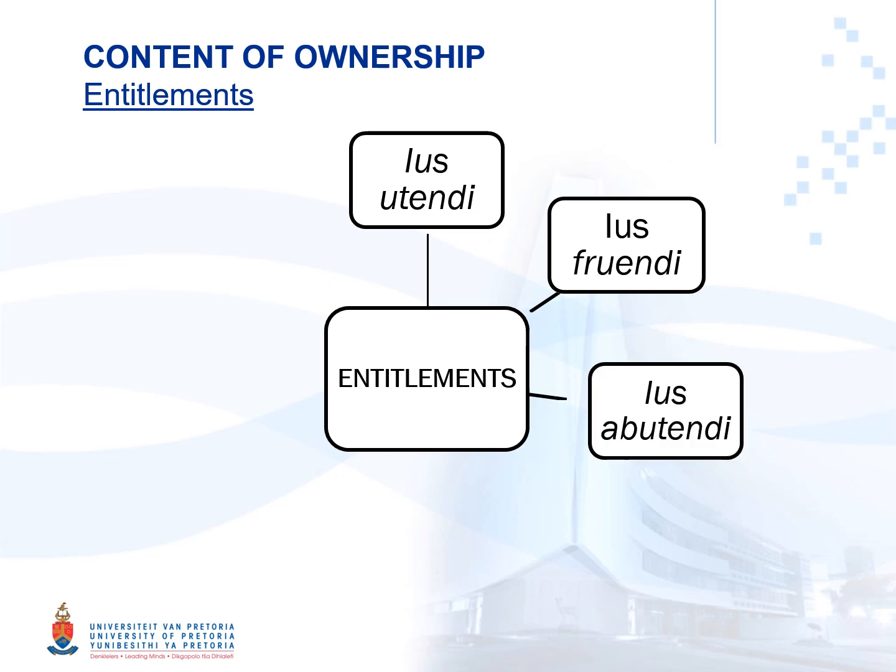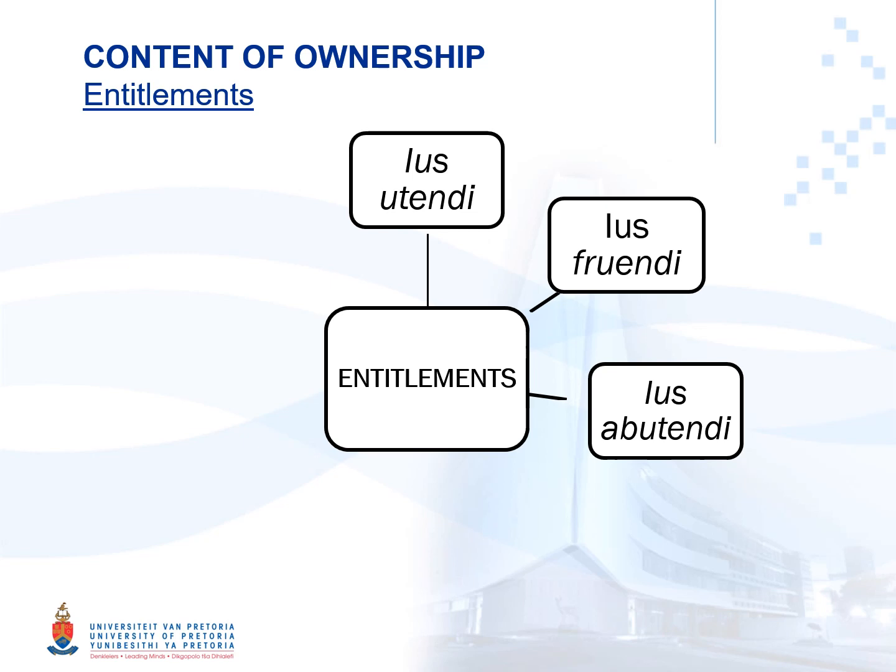The third entitlement is the ius abutendi. Now, the ius abutendi refers to the entitlement to change, to consume, to dispose, or to encumber, meaning burden, the thing. It also includes the right to neglect, interestingly, and destroy.